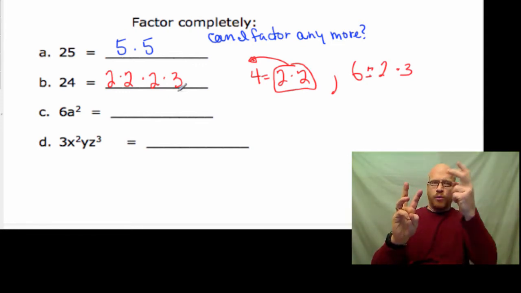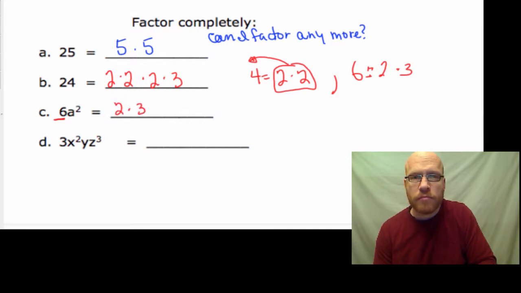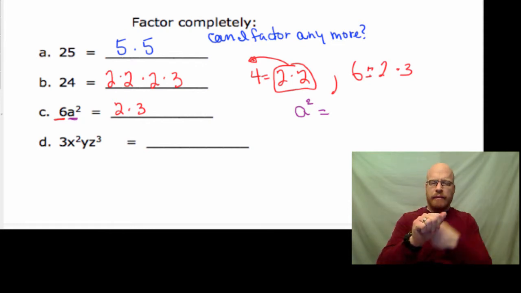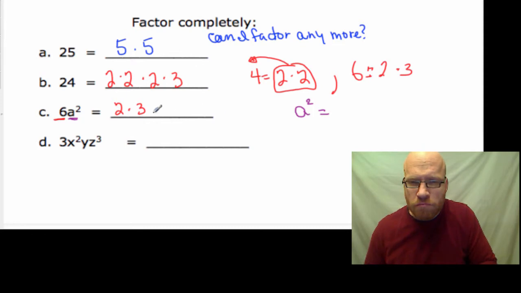Now we have 6a squared. Now, for a squared, what is a squared? We divide that out. It's a times a. We'll put that down. Okay, now I'll clean it up.